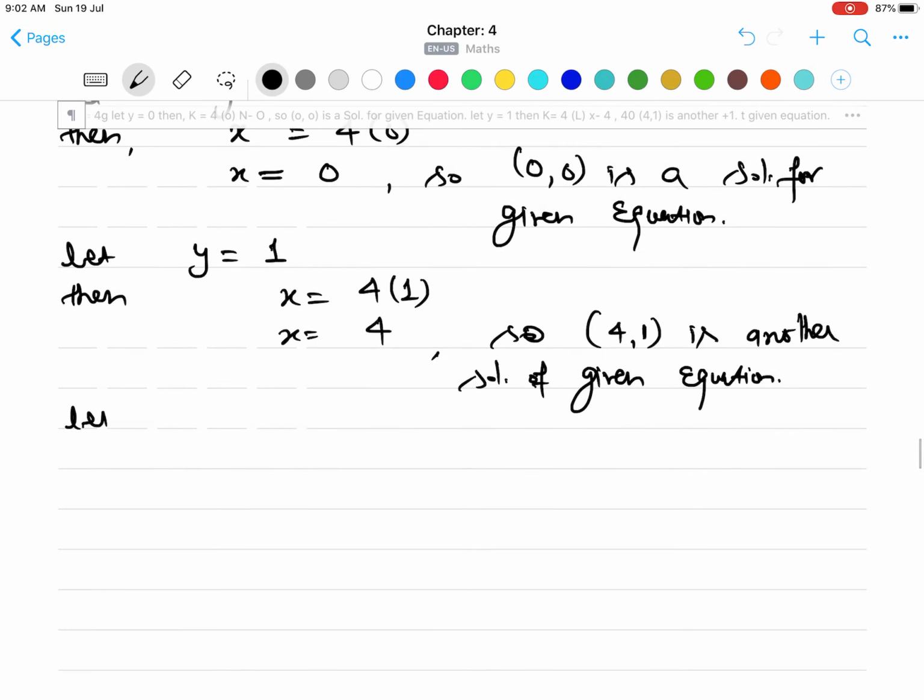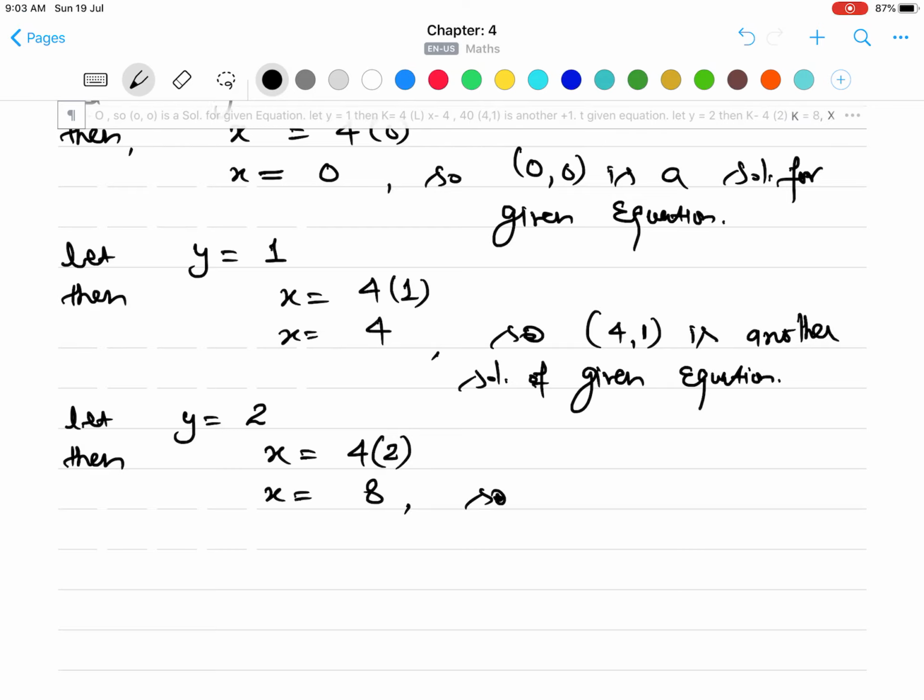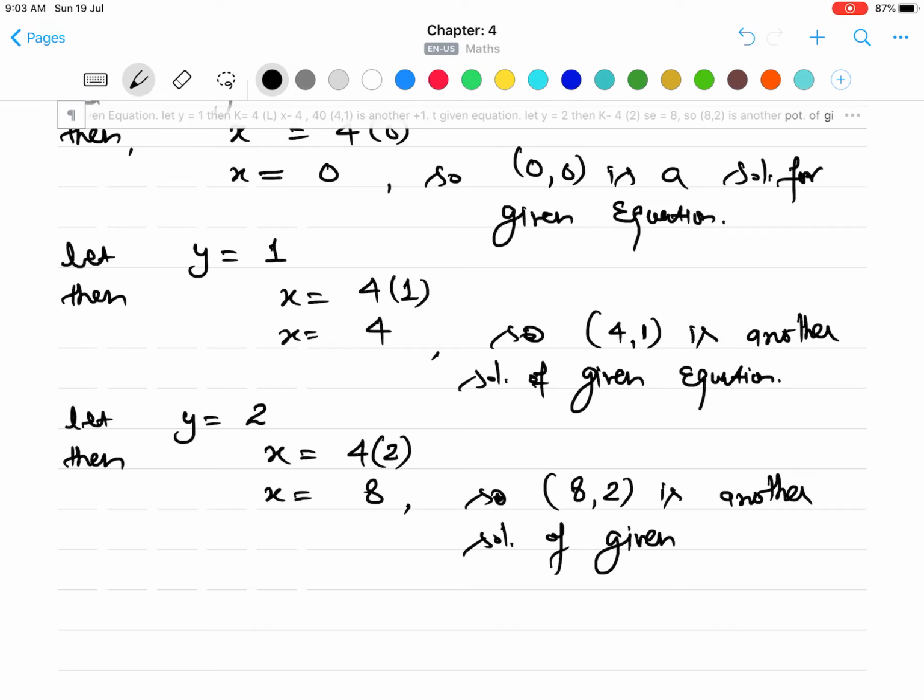Then let's take y equals 2. Then x equals 4 into y, at the place of y I'll write 2. So x will turn out to be 8. So (x = 8, y = 2) is another solution of the given equation.